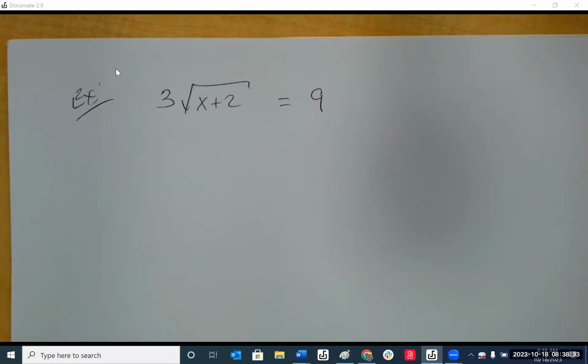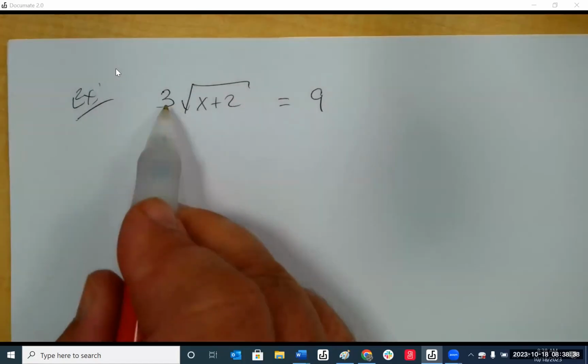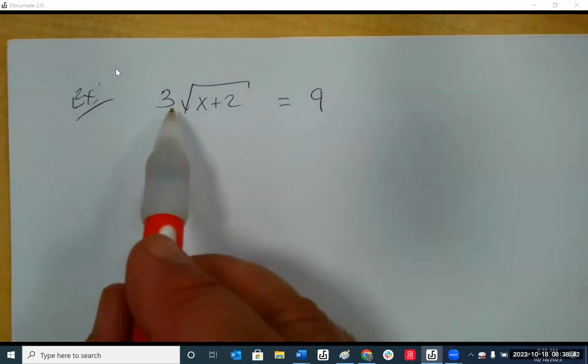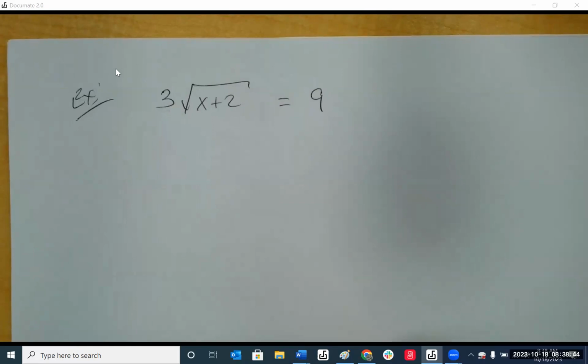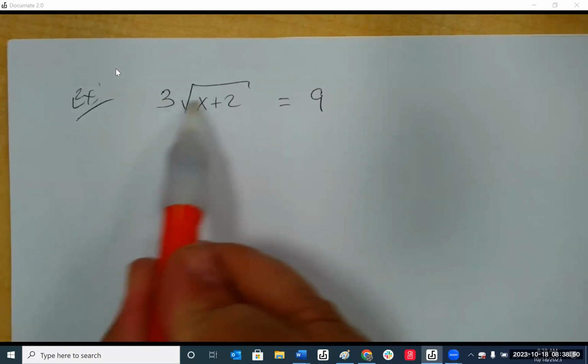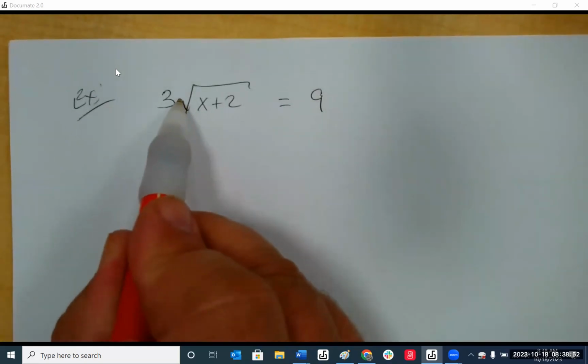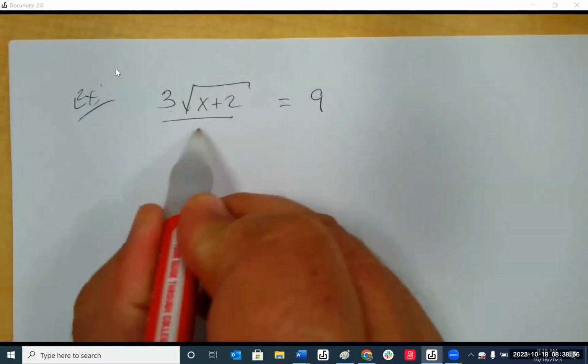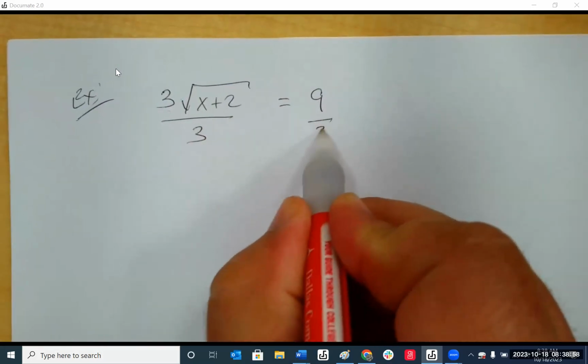How do we get rid of the 3? How is it connected to the radical? Is it added, subtracted, multiplied, divided? It's multiplied, yeah. Because there's no plus, there's no minus, there's no division sign there. So it's multiplied. What's the opposite of multiplication? Division. So we divide both sides by 3.